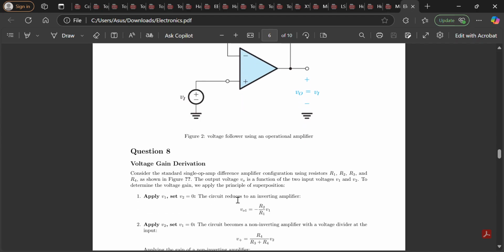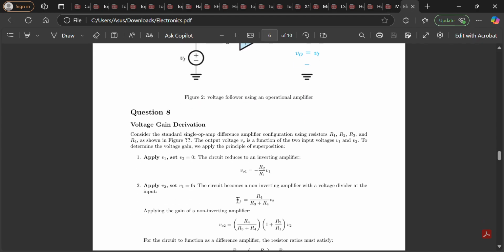Question number 8, difference amplifier. This circuit subtracts two inputs. Using superposition, apply V1 and set V2 equal to 0; it behaves like an inverting amplifier.